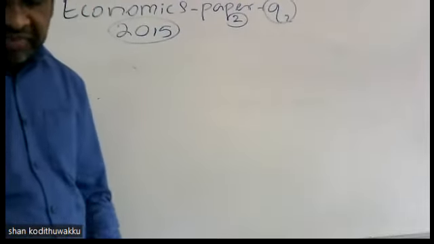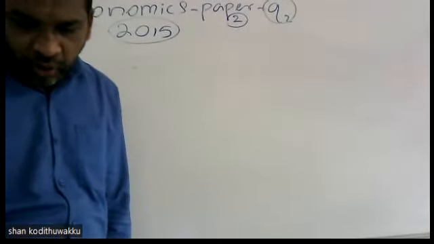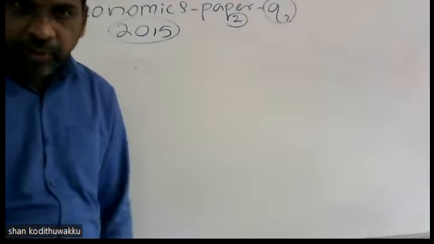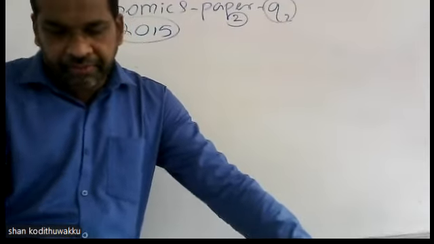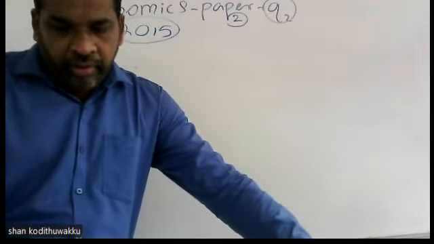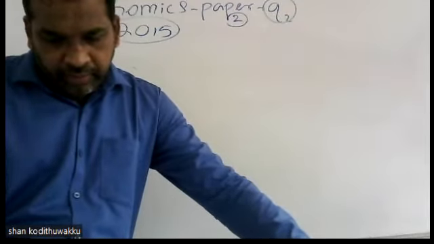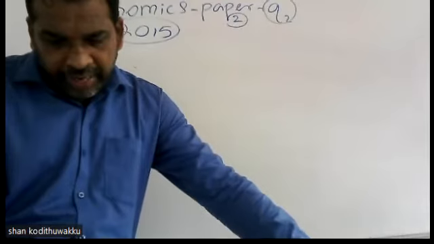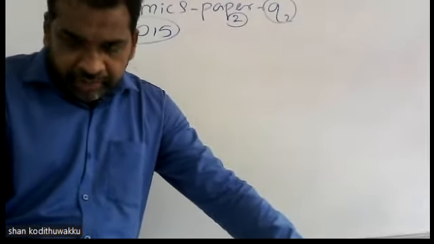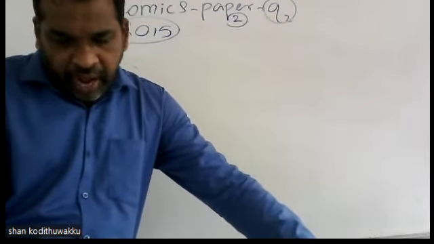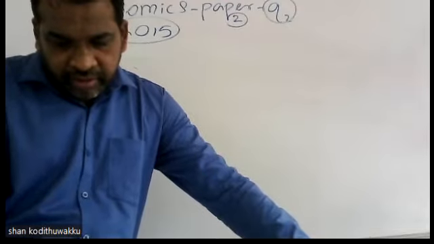The following equations describe the market demand and supply functions of a commodity. This is 2015, paper 2, question number 2, part 5. QD equals 100 minus 4P and QS equals minus 30 plus 6P.